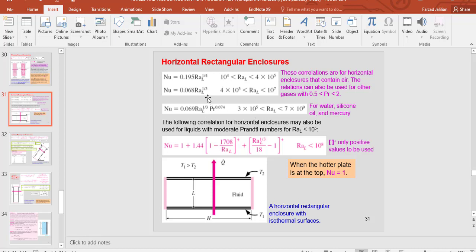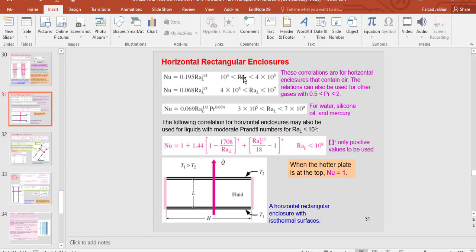By the equations which are shown here in this slide. As you can see, the Nusselt number can be calculated by this equation when the Rayleigh number is between these two values, 10 power 4 to 4 times 10 power 5.